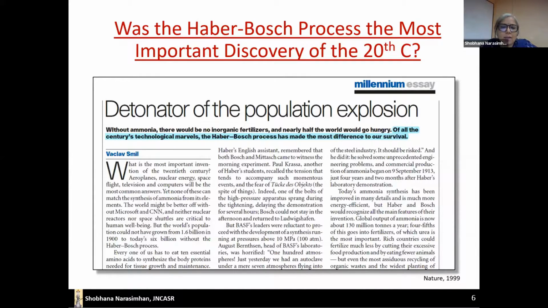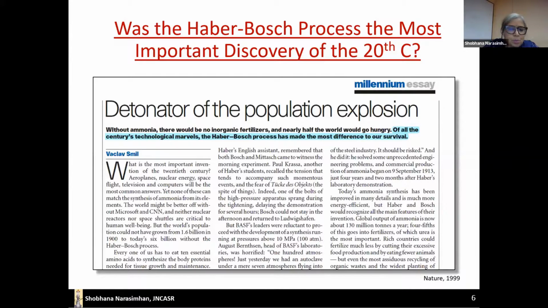So this is an article from Nature, which says that without ammonia, there would be no inorganic fertilizers. Nearly half the world would go hungry. And of all the century's technological marvels, the Haber-Bosch process has made the most difference to our survival.